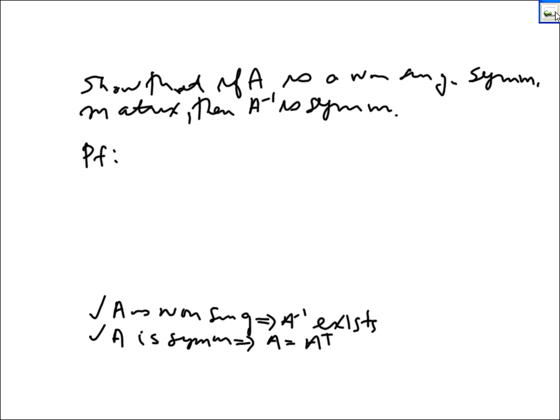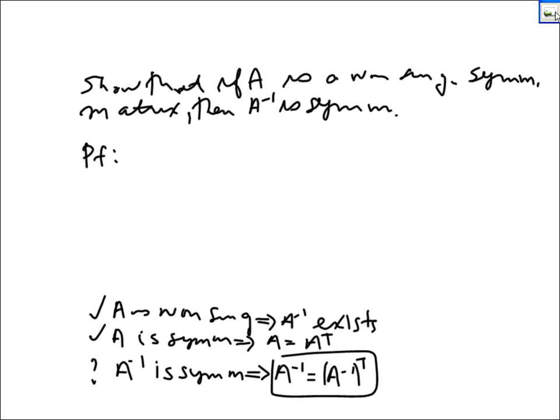These two are given. You want to show that A inverse is symmetric. That would imply that the matrix is equal to itself transpose. So I want to conclude that A inverse is equal to A inverse transpose.